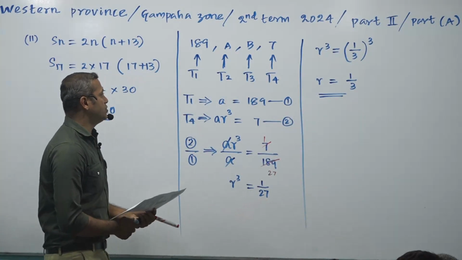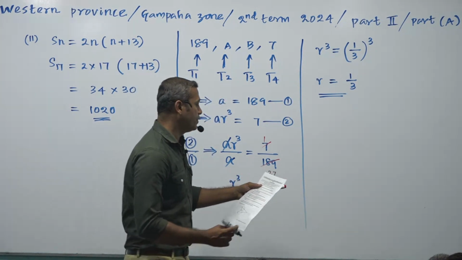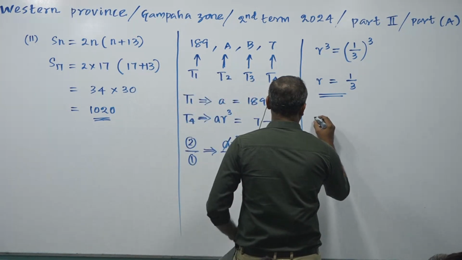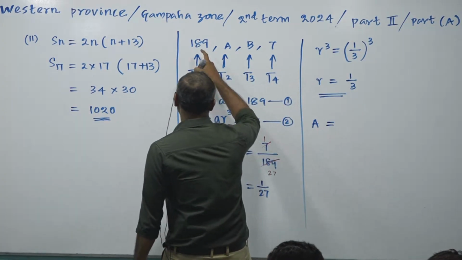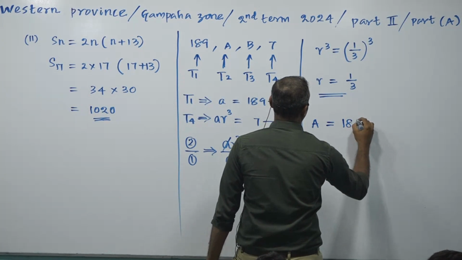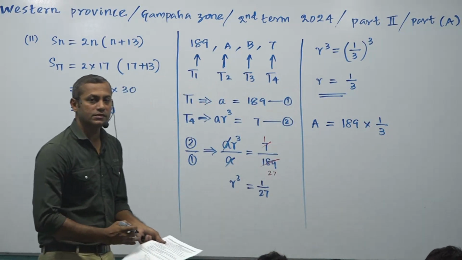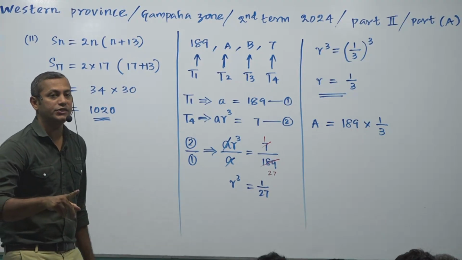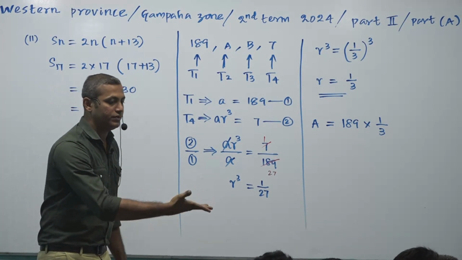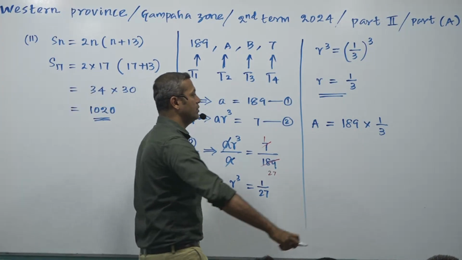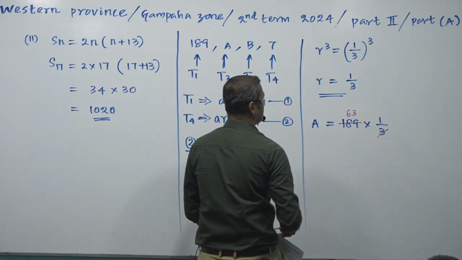Okay. Since we know the answer for the common ratio, we can move on. A, what is A? A can be obtained by multiplying 189 by 1/3. Yes or no? If you know the common ratio, keep on multiplying to obtain the following term. So, how many times? 63.